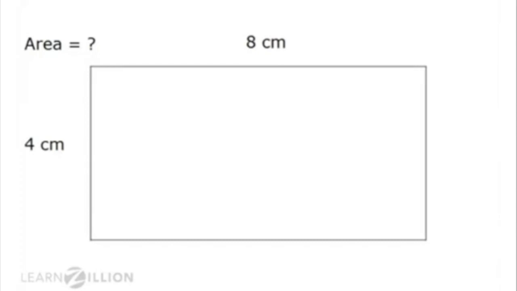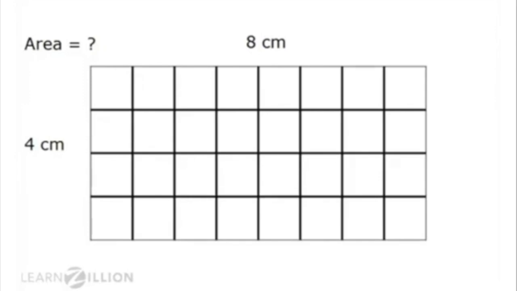That means that the rectangle is filled with squares that are 1 centimeter by 1 centimeter. So the length of 4 centimeters actually means 4 square centimeters long and 8 square centimeters wide. So the area can be found just like we would find the number of dots in an array by multiplying 4 centimeters times 8 centimeters to get 32 square centimeters.